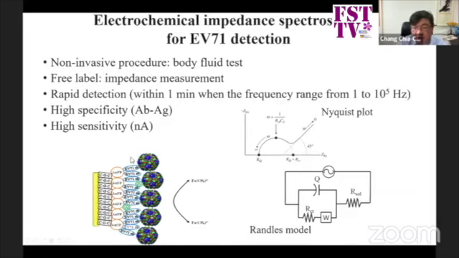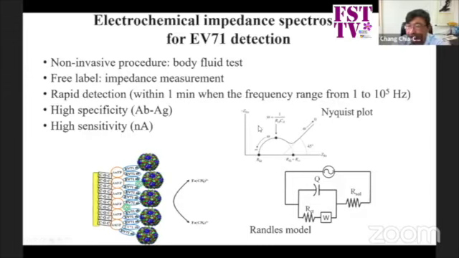First of all, we got the EV71 antibody from the CDC, because based on regulation, the EV71 antibody is not for research purposes and can only be used in hospitals or the CDC. So we collaborated with them and got the antibody, and those antibodies can detect the virus.